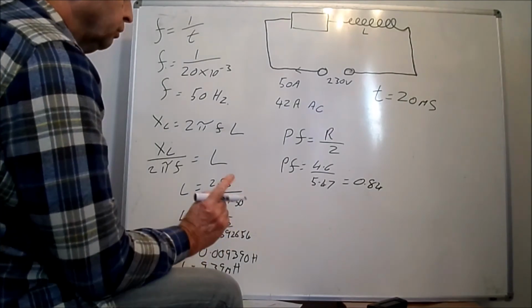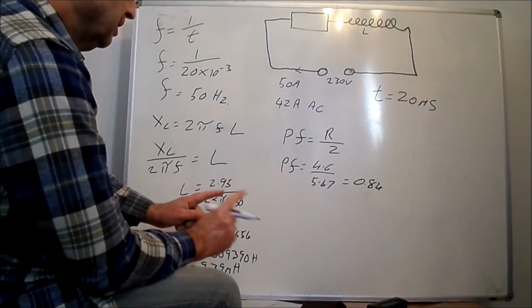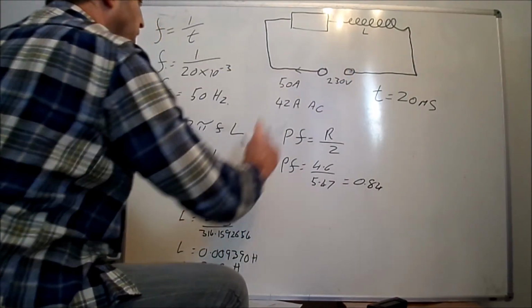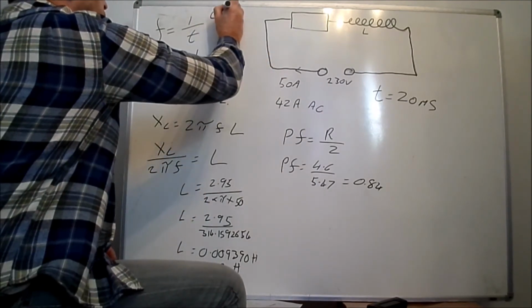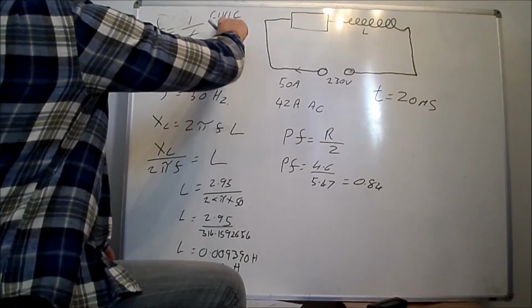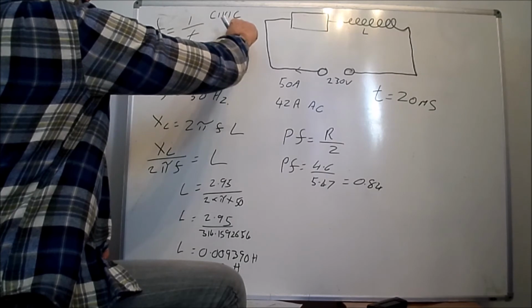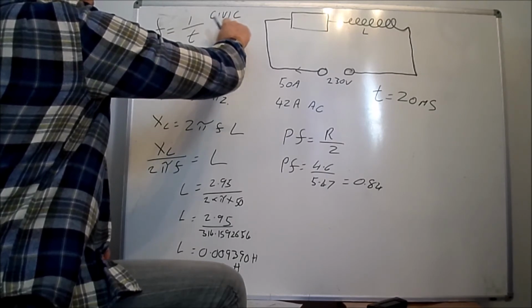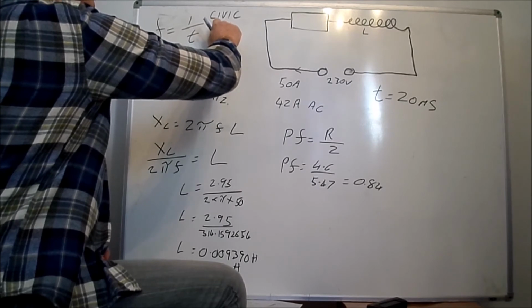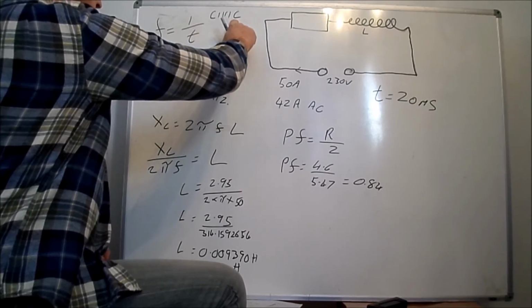We can now work out the angle that the current lags the voltage, because with inductors, if we remember CIVIL, the I is leading the voltage in capacitive circuits, and lags the voltage in inductive circuits.